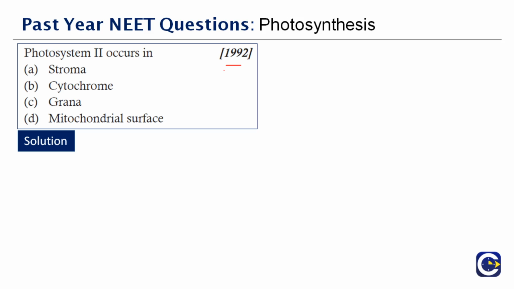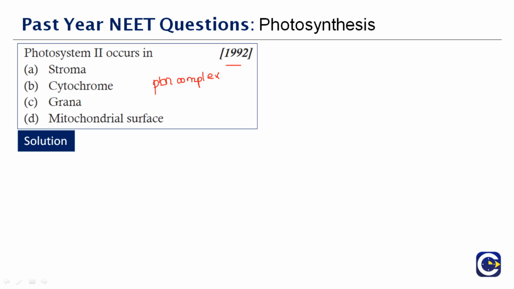Now coming to photosystem 2, what is the difference between 1 and 2? Photosystem 2 is a specialized protein complex. You always have to remember it is a protein complex that uses light energy to drive the transfer of electrons from water to the plastoquinone, resulting in the production of oxygen and the release of reduced plastoquinone into the photosynthetic membrane.